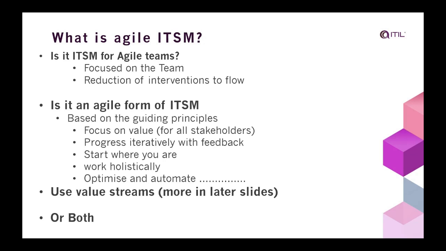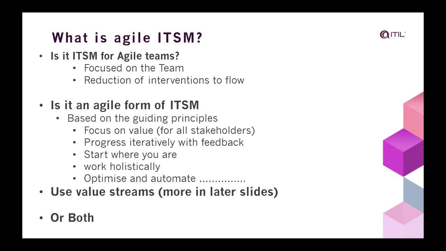How do you avoid bottlenecks? How do you avoid blockages? How do you recover from things if it goes wrong? How do you keep that flow going? So you've got that continuous development, maintaining quality, maintaining things that you need, but with a continuous flow. So flow is very important in the Agile world.